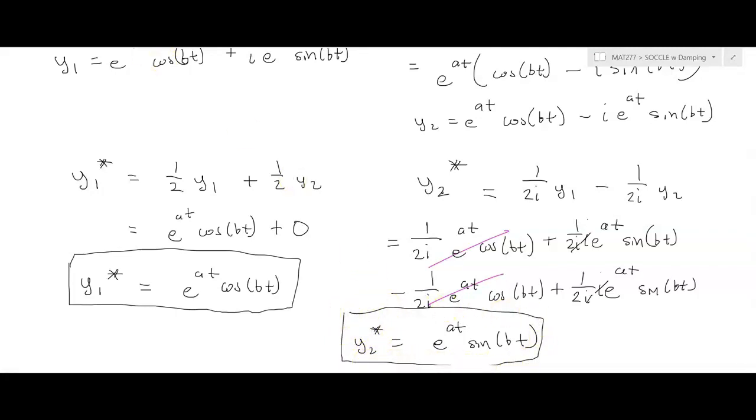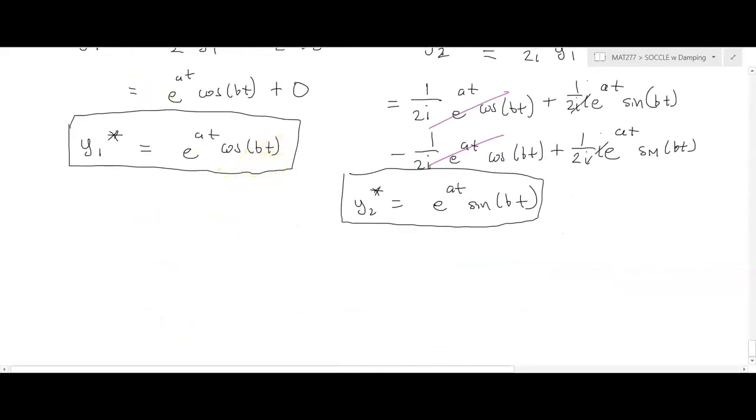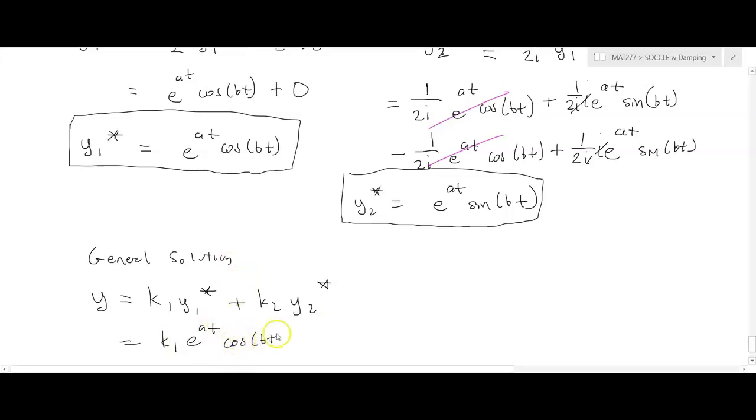Now, again, we can keep using this linearity principle, and we can say, well, we formed two new solutions that just don't have any imaginary numbers in them. So my general solution, let that be some constant times y1 star plus some constant times y2 star, and that comes out to k1 e to the at cosine bt plus k2 e to the at sine bt.